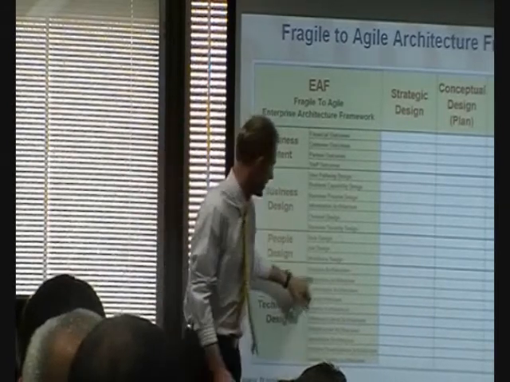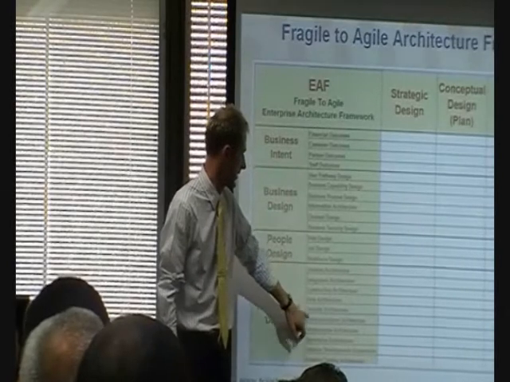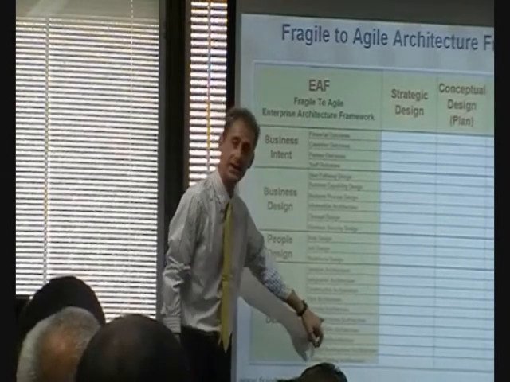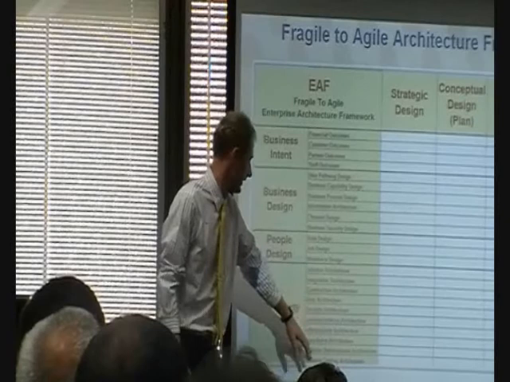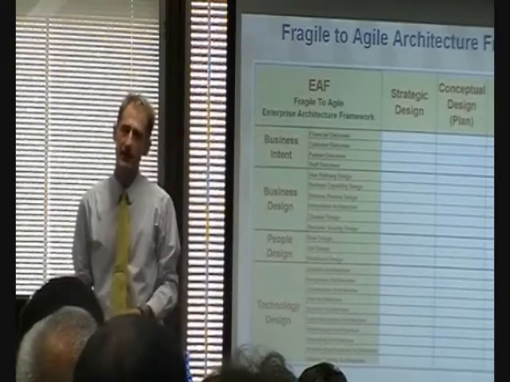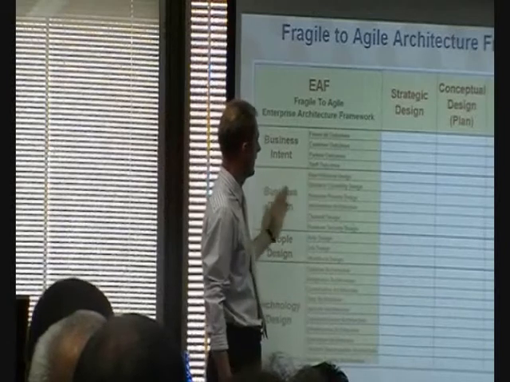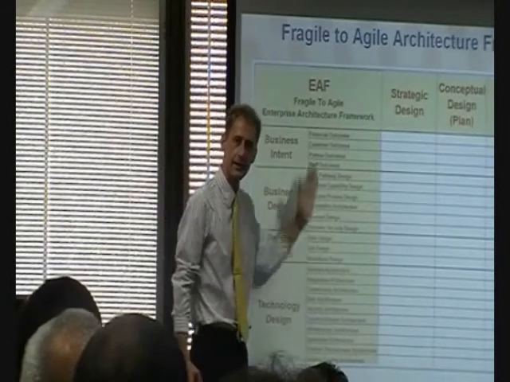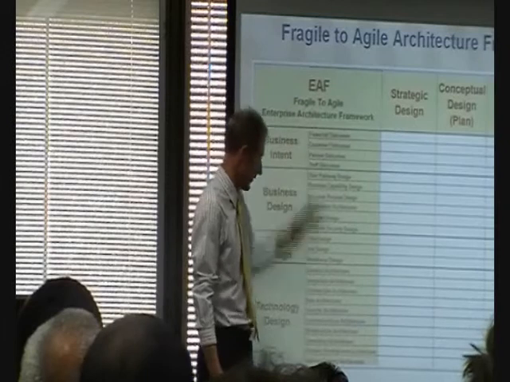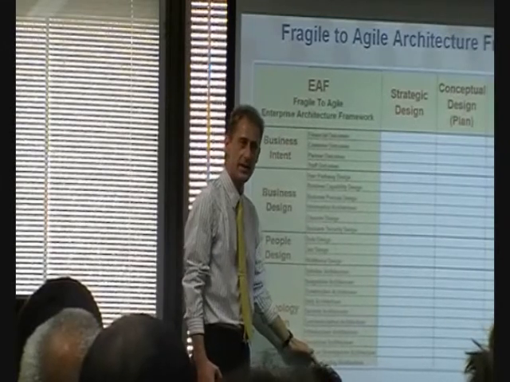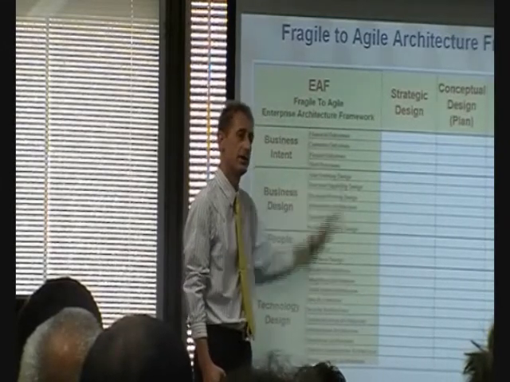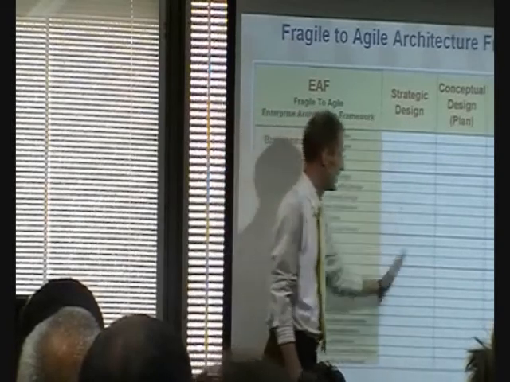Within technology design, you've got integration architecture, security architecture, communications and network architecture, and infrastructure. These are all the different domains of design within technology. Within business design, user pathway analysis, business process design, etc. So these are the domains of design that we need to cover when you're designing a system, or strategically.